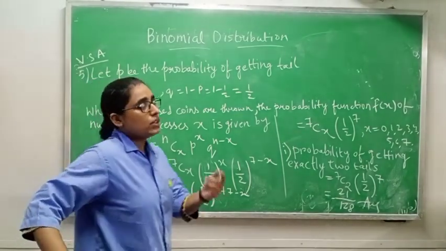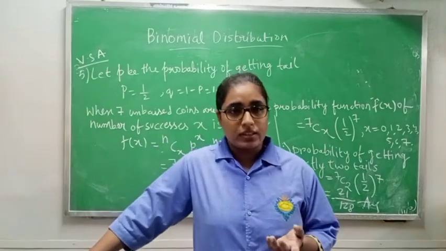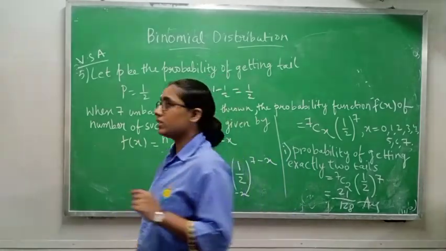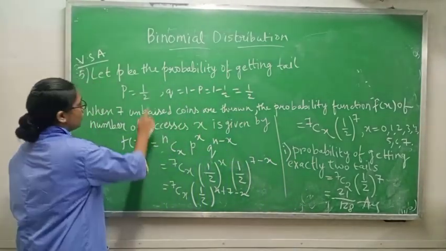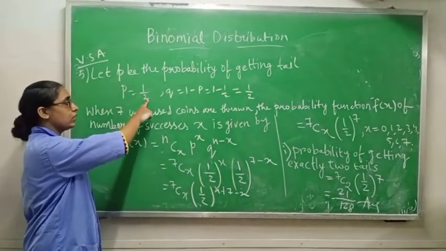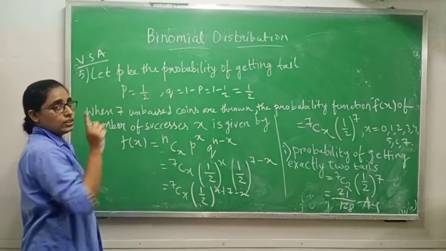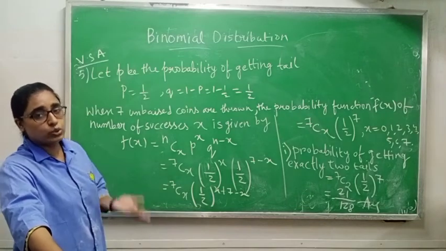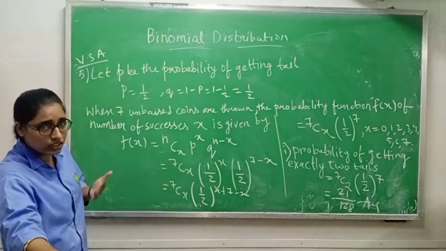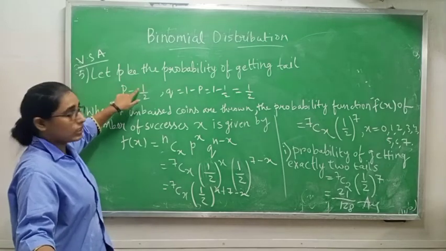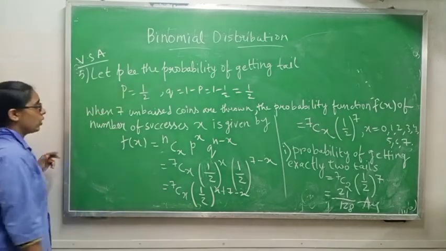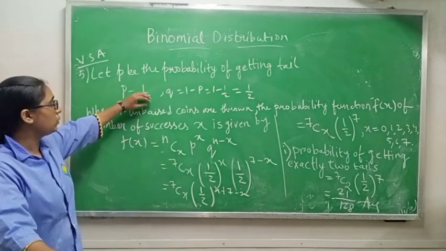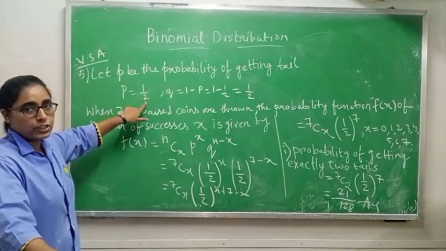When we toss a coin we get 2 faces, either tail or head. So how many total events are there? 2. They are asking for tail only. So if we toss a coin, we can get head or tail, one tail and one head, but the total number of outcomes is 2.